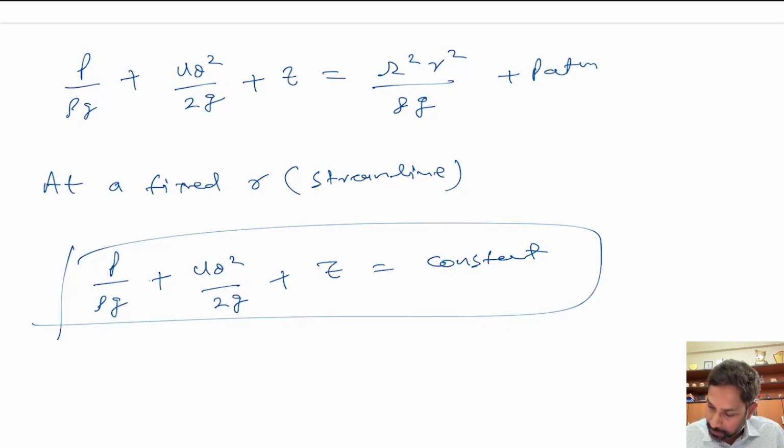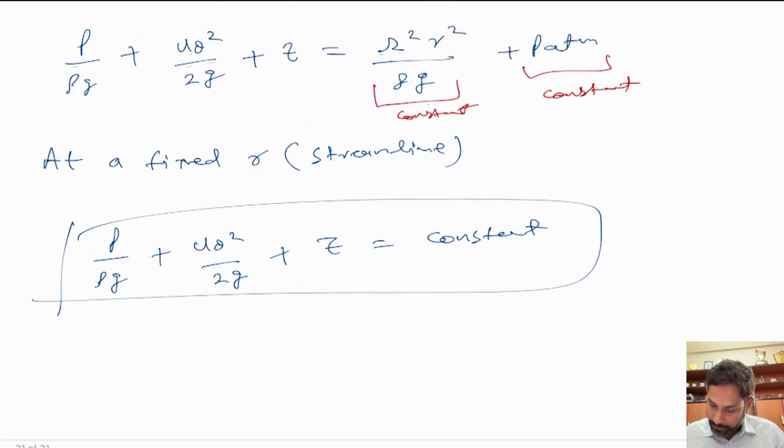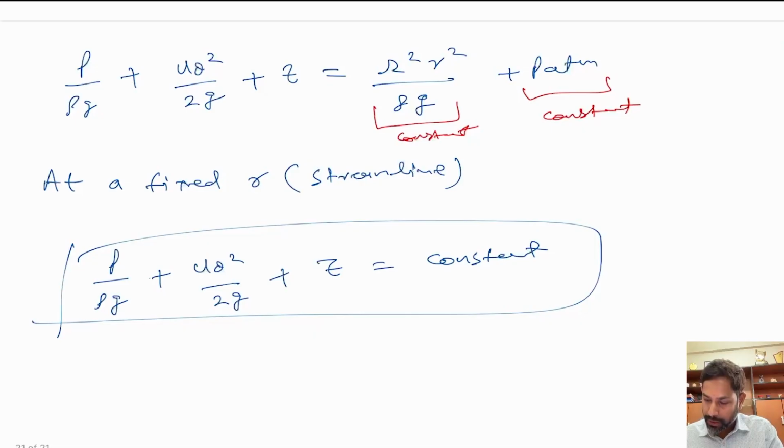Because this term is now a constant and also this is a constant, right? Why is this term constant? Because we are talking about a fixed r value, right? So the streamline is flowing perfectly circular. That means your r remains constant for that streamline, and if it is constant, that means this particular equation will follow this. So basically the right hand side term in this equation will be a constant.